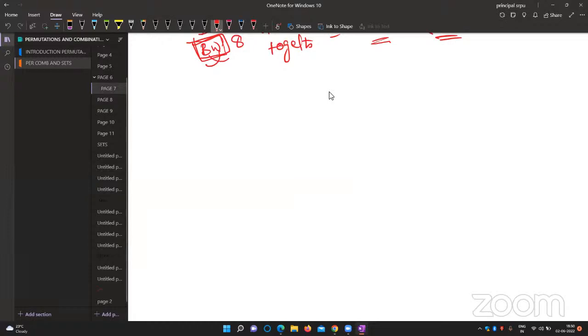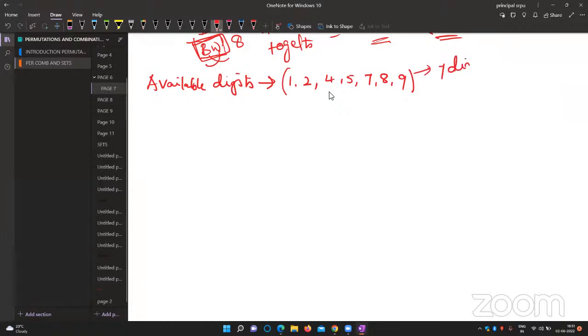See, available digits are, I'll not write the question, you can just understand the question now. Total available digits, that means you can use these digits: 1, 2, 3, 4, 5, 6, 7. Totally 7 digits are there.